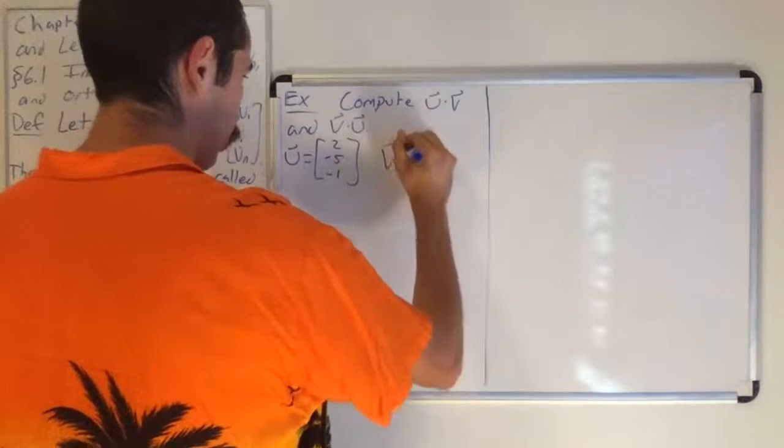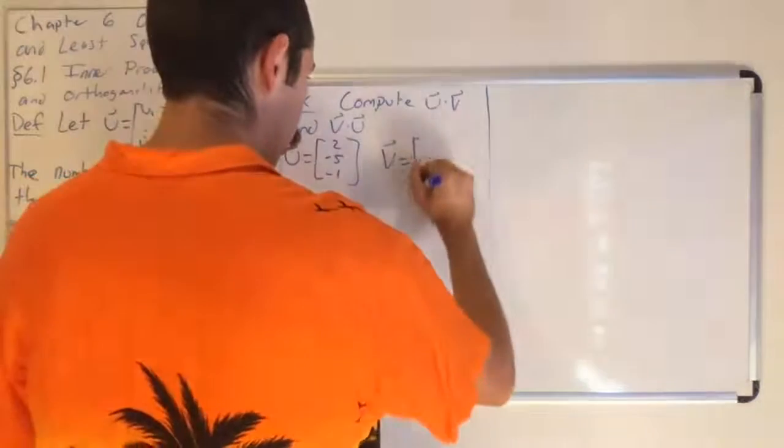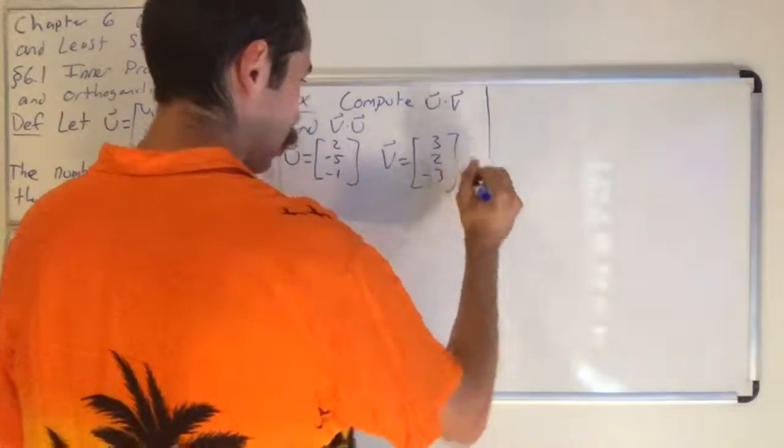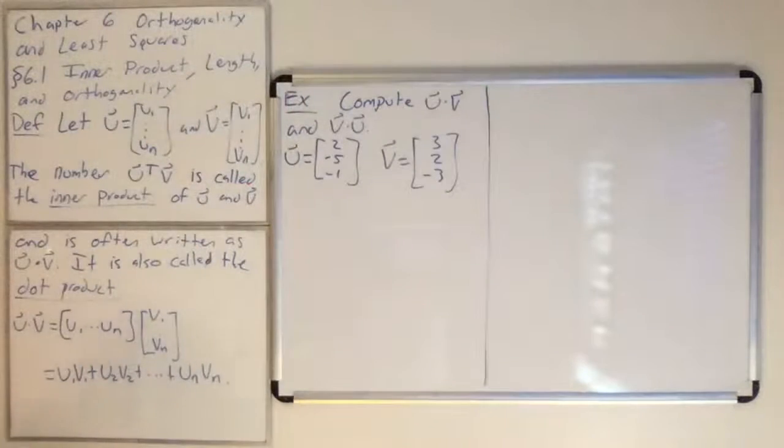And V is the vector 3, 2, -3. Okay, so I'll give, let's say, a half minute or so to try to work out this calculation. And then if you have an answer, feel free to share it in the comments. But I'll go through all the steps.